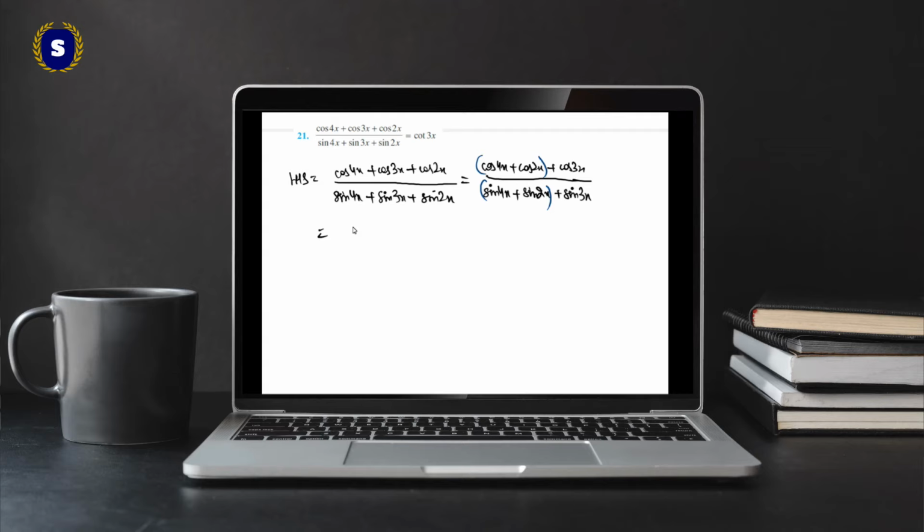So we'll get 2 cos 6x divided by 2 into cos 2x divided by 2, plus cos 3x as it is. This is just from the bracket we have solved.